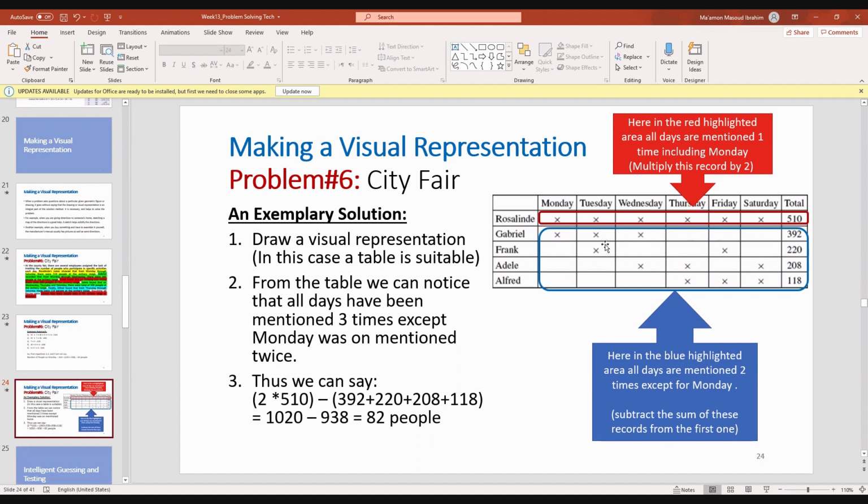So this will help you to write your formula and to make a visual representation for this formula.